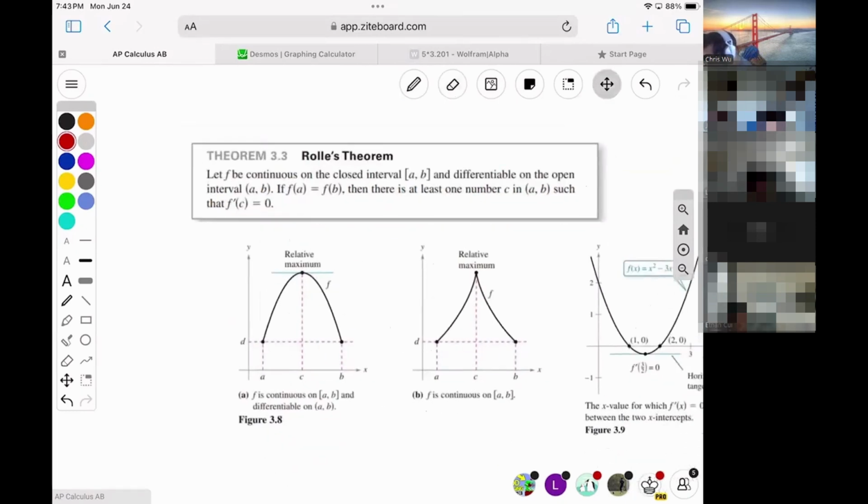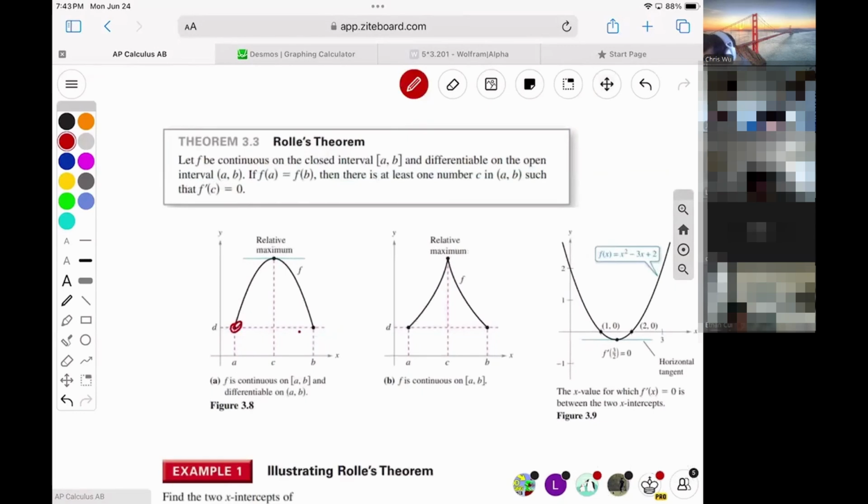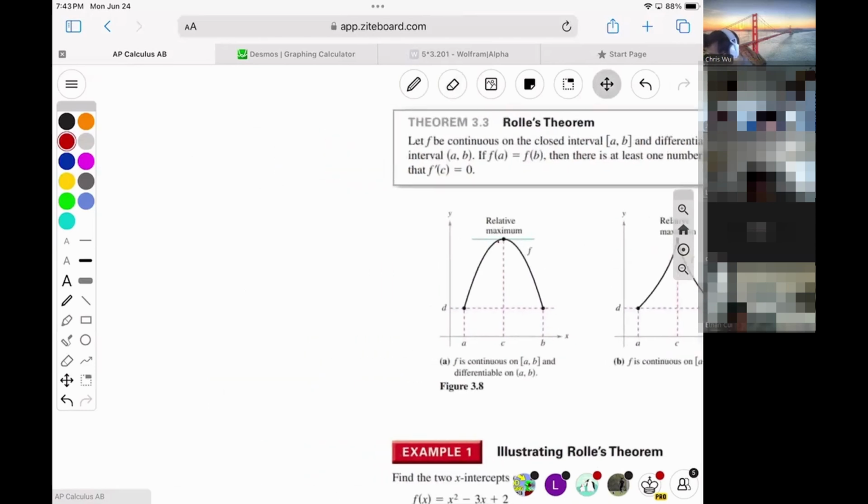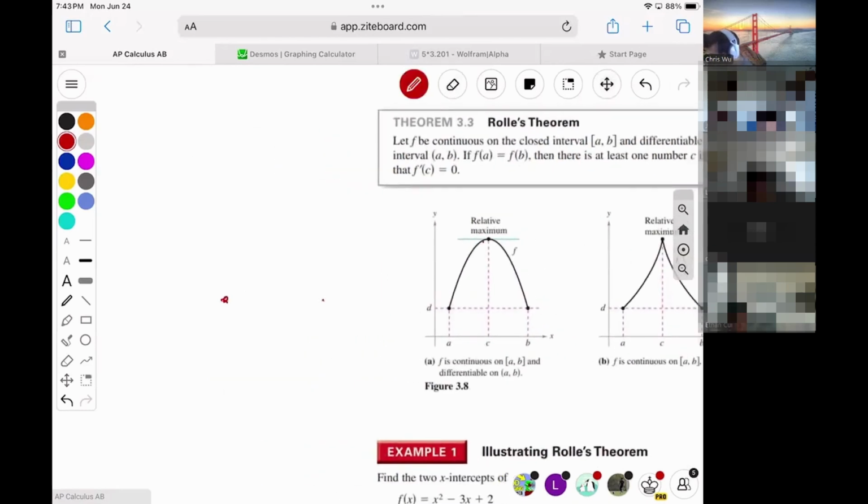If you have a continuous and smooth function, and your beginning point and end point are at the same horizontal level, then you're guaranteed somewhere in the middle of your graph to have a tangent line that's horizontal, which kind of makes sense. If you draw a point over here and a point over here on the same level, that means your average change is 0. Then somewhere in the middle, you're guaranteed to have your instantaneous change be 0, right?